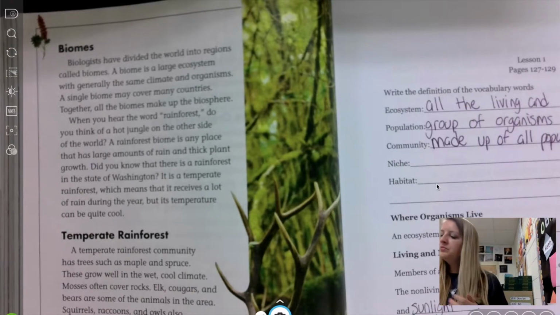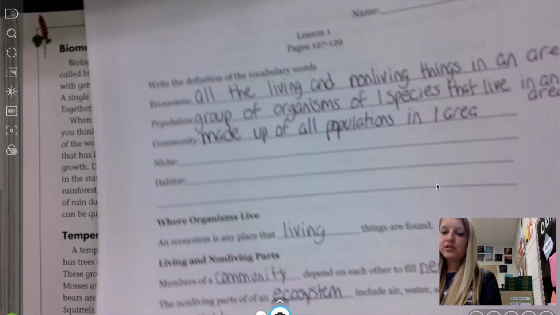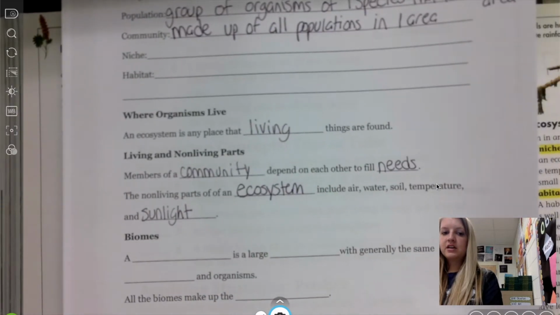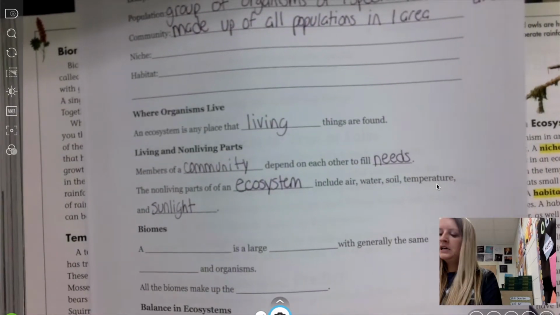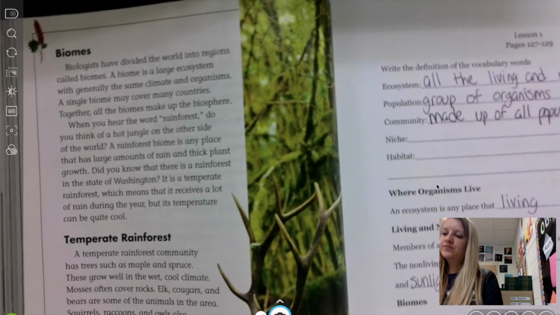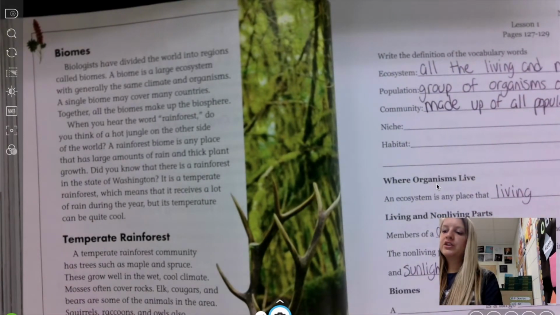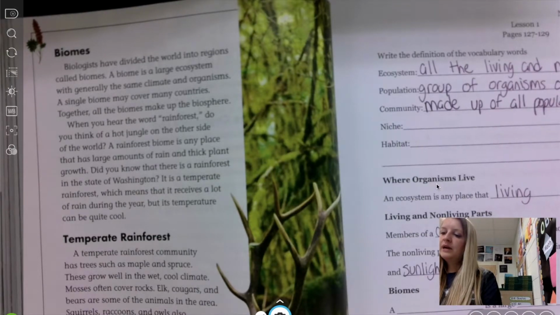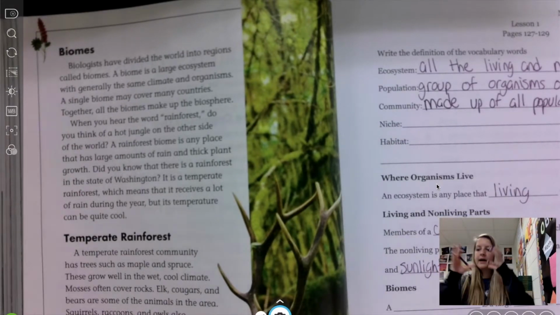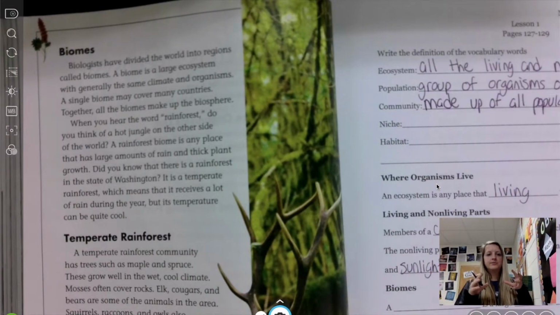A biome, and I can get this into my notes right away too. So if you're looking at the biome part of your section, it's going to be that first section. A biome is a large ecosystem with generally the same climate and organisms. A single biome may cover many countries. Together, all the biomes make up the biosphere.